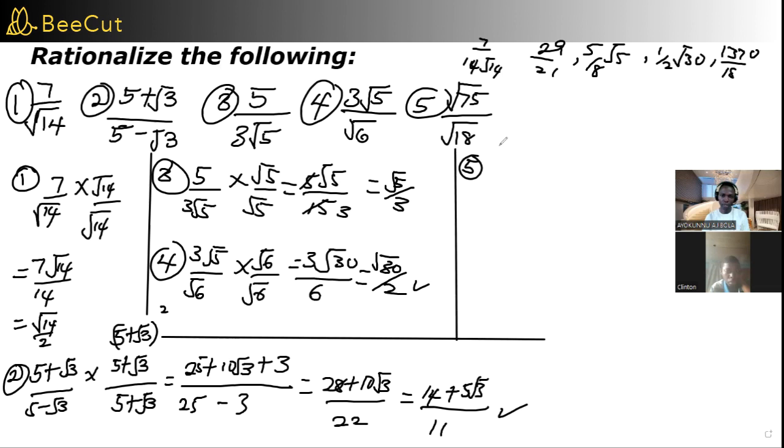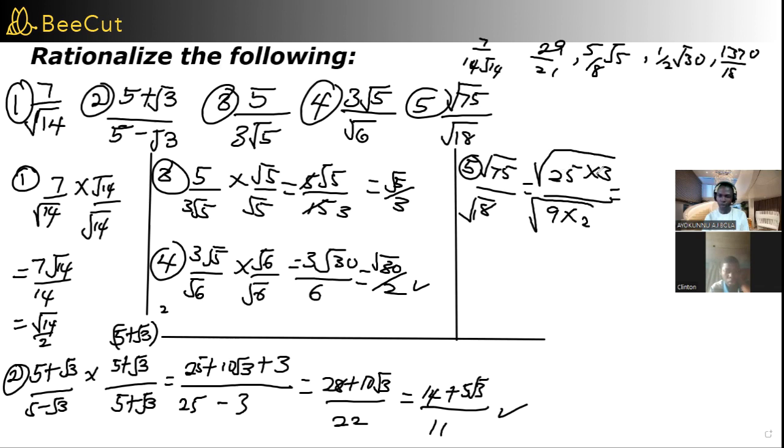I have root 75 over root 18. Square root of 75 over square root of 18. I can immediately split this into 25 times 3, which is 75, then 9 times 2, which is 18.